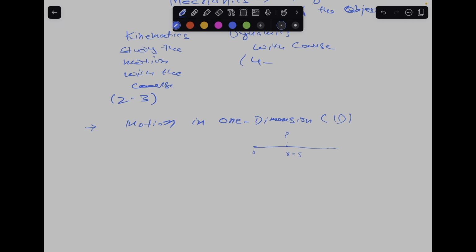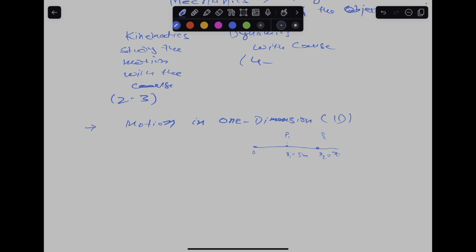And if the particle changes its position along the line, at some time it's over here, x equals 5 meters, and at some point P2 it changes its position, its coordinate now becomes like 7.